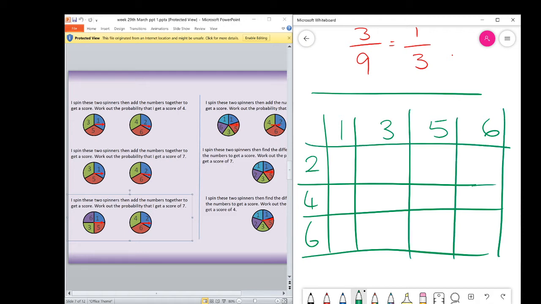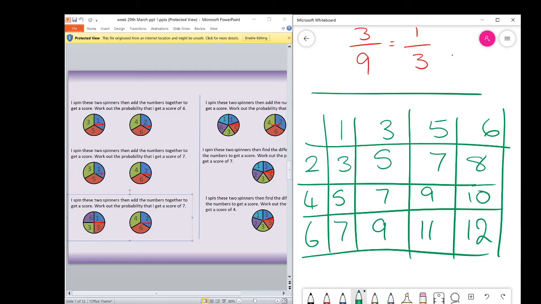Okay, again, I'm adding them. So 3, 5, 7, 8, 5, 7, 9, 10, 7, 9, 11 and 12.